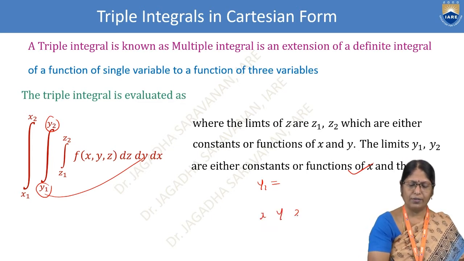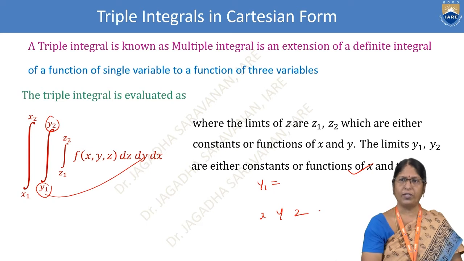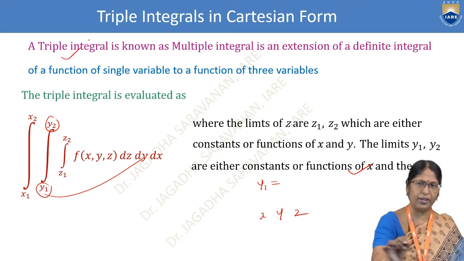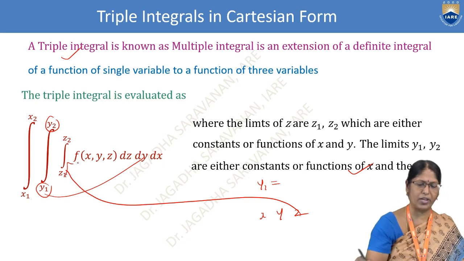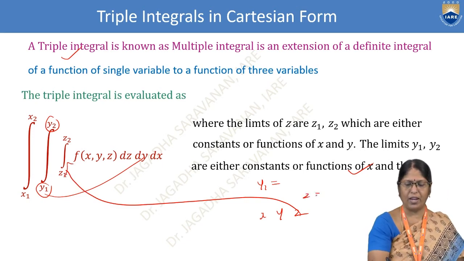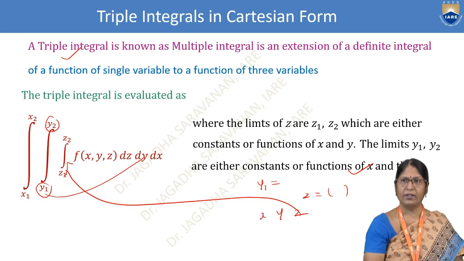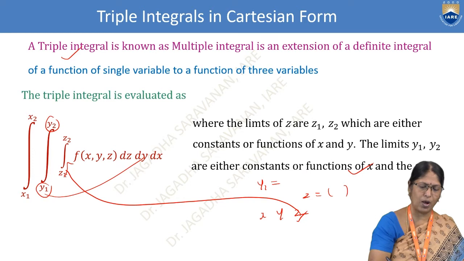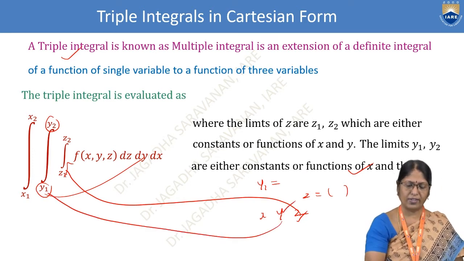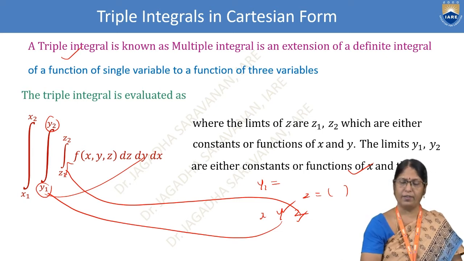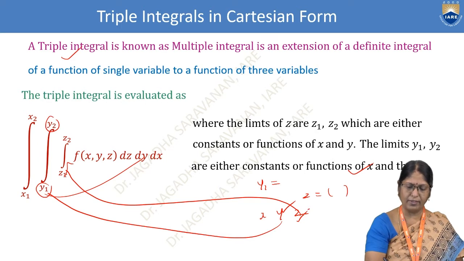X, y, z, three variables are there for the triple integral. This is for the innermost integral, that is z equal to, we are going to write. So one is completed. The second one, the middle one, we selected this one. So when we are selecting this one, it should be a function of x only. If you are defining it, it is a function of x and y.